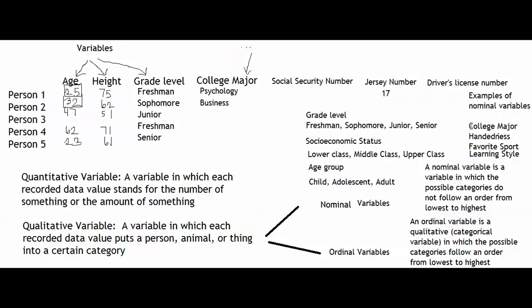What could be another example? Well, different types of pet owners. You have dog owners, cat owners, and maybe people who own hamsters or turtles. Those categories don't follow any type of order from lowest to highest.